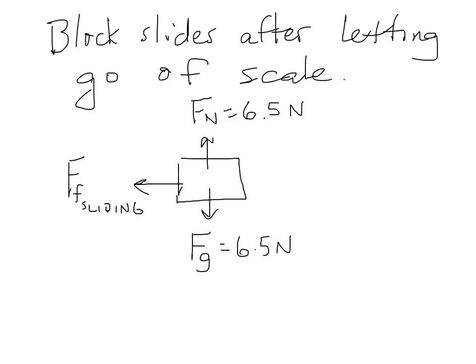So now we can use Newton's second law to figure out how much acceleration we'll have. I'll write Newton's second law in the form that's going to be convenient for us here. That's F net divided by the mass will give us the acceleration. F net is just a fancy name for how much unbalanced force do we have. Well, we don't have any vertical unbalanced force. Those have stayed balanced the entire time.